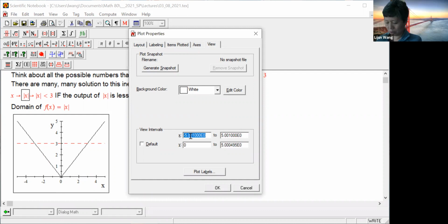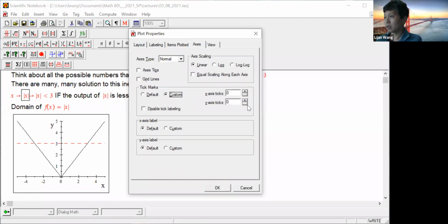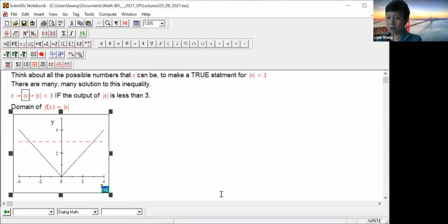I'm going to make it -4 to see if this will make it. I just want to show the picture a little bit better. That still doesn't make it. But anyway, this is -3, this is +3, and these two points are going to be circled.